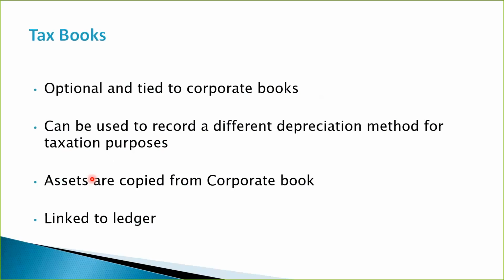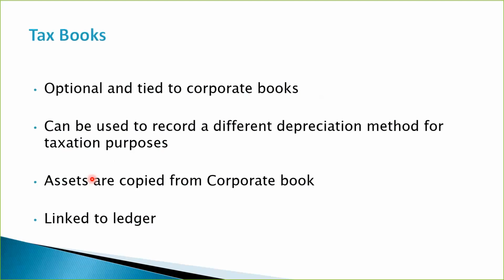The other thing about tax books is that the assets are copied from the corporate book, right? Because you're dealing with the same assets, just that you're depreciating them using different methods, okay? And as a result, you can just copy the assets from your corporate book to your tax book.